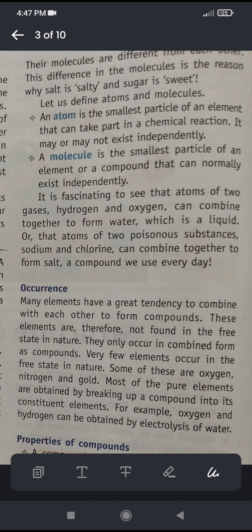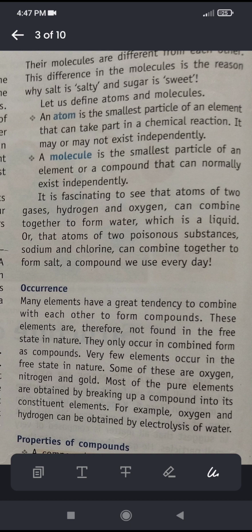Most of the pure elements are obtained by breaking up a compound into its constituent elements. Most of the elements are made by scientists.